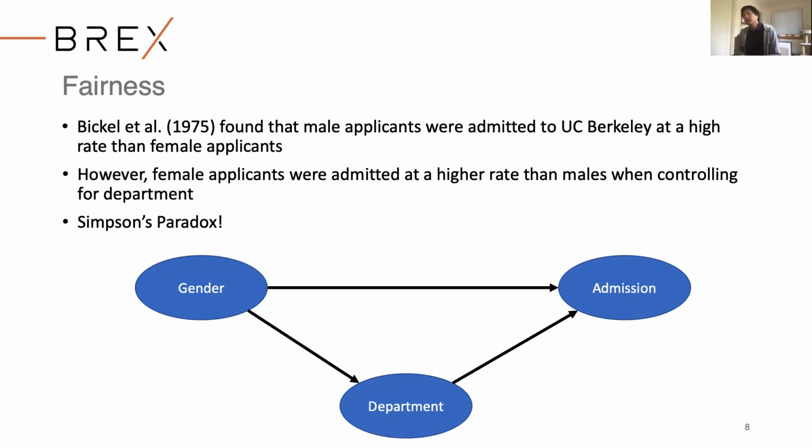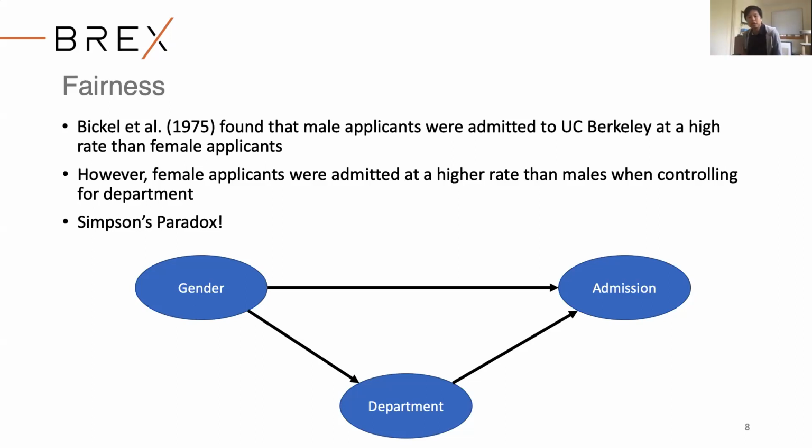So in this case, gender was not necessarily having an effect on admission. It wasn't that UC Berkeley was looking at gender and deciding to admit you or not based on it. Instead, gender was having an effect on the department that you chose.